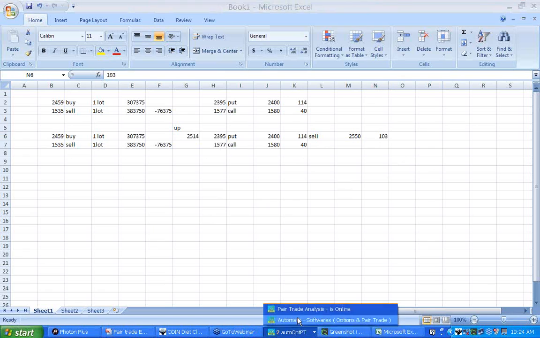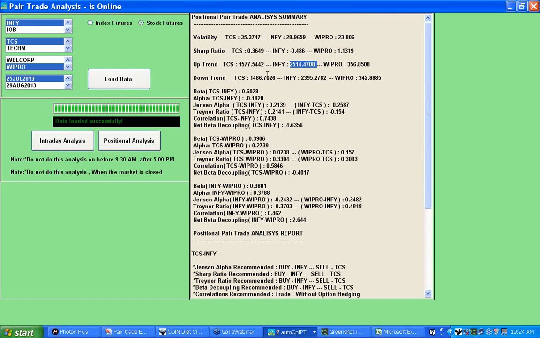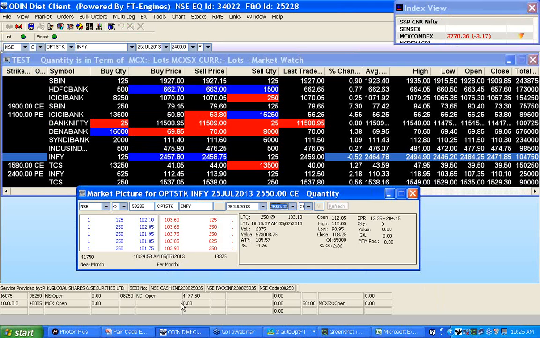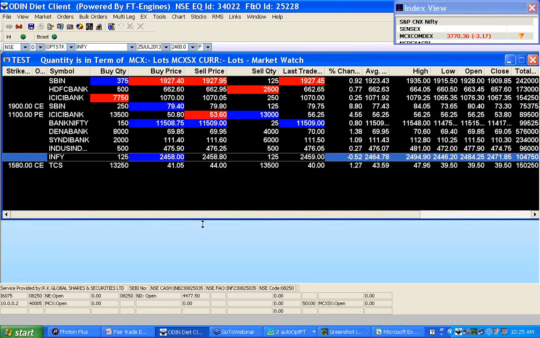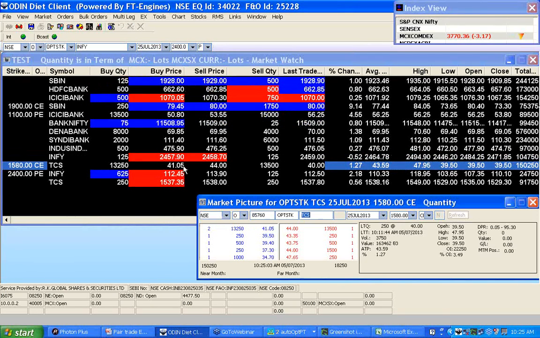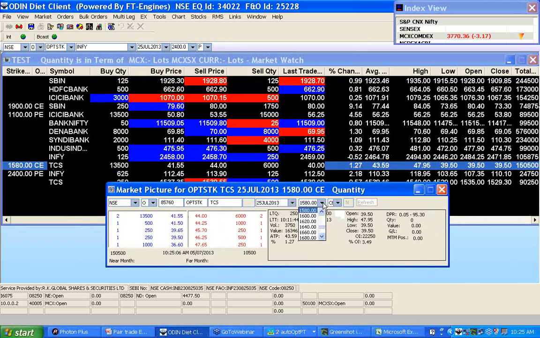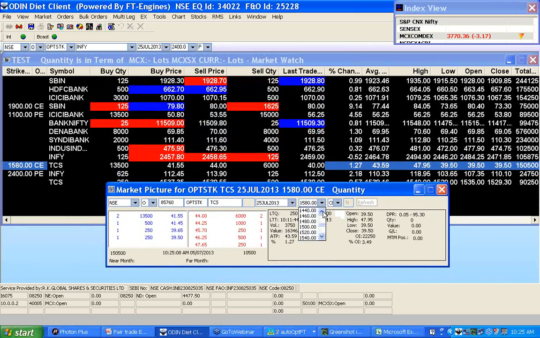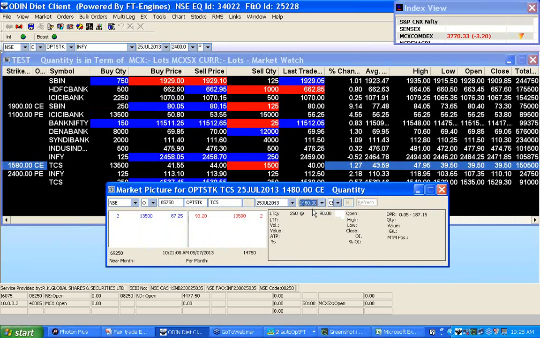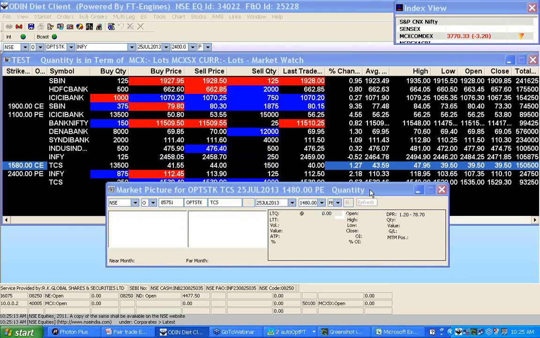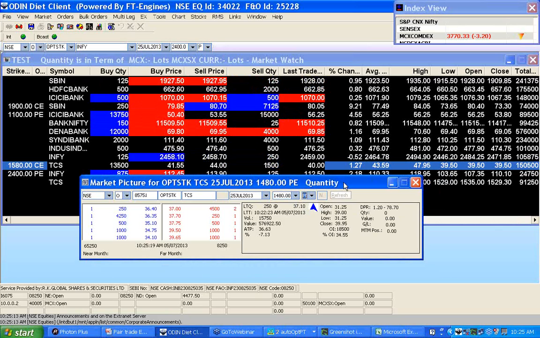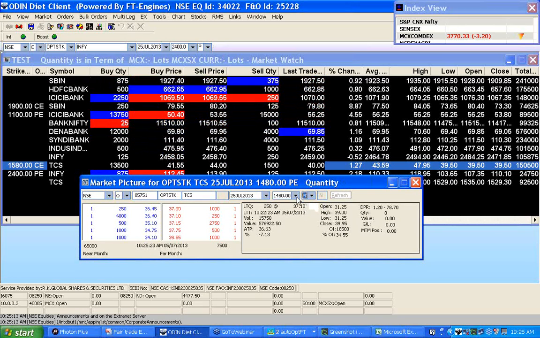Same way, the downtrend of TCS is 1486. I have to see the nearest strike. The nearest strike is 1480 put option at 35 rupees.